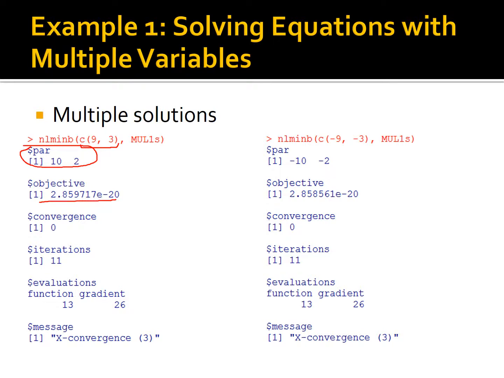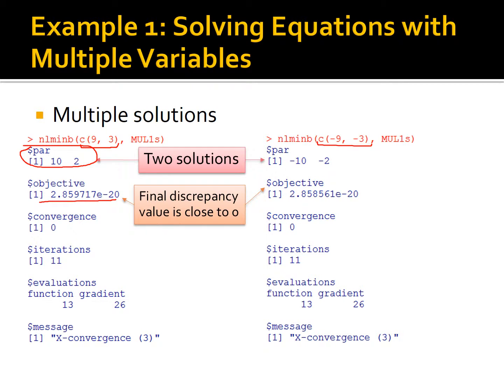If I start at negative 9 and negative 3, I get negative 10 and negative 2, and the discrepancy value is close to 0 as well. So again, we have two solutions.